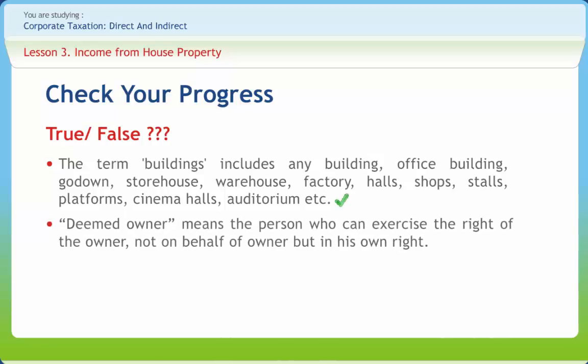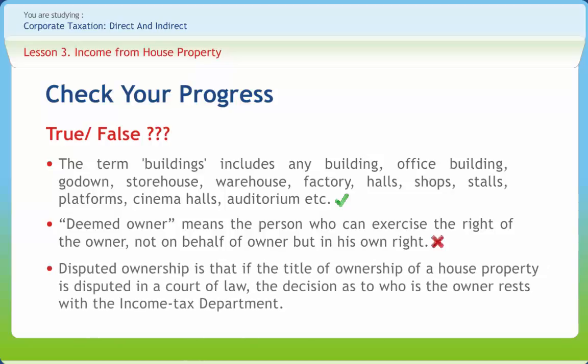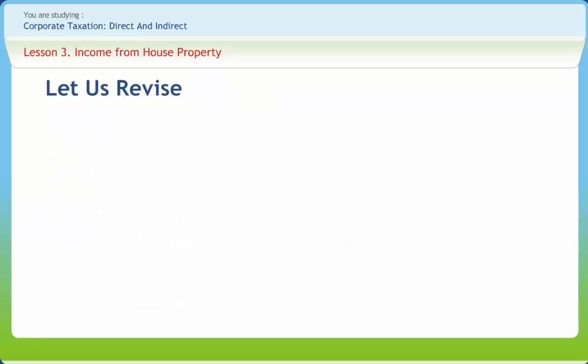Deemed owner means the person who can exercise the right of the owner, not on behalf of owner but in his own right. Right or wrong? Wrong. Disputed ownership is that if the title of ownership of a house property is disputed in a court of law, the decision as to who is the owner rests with the income tax department. Right or wrong? Right.